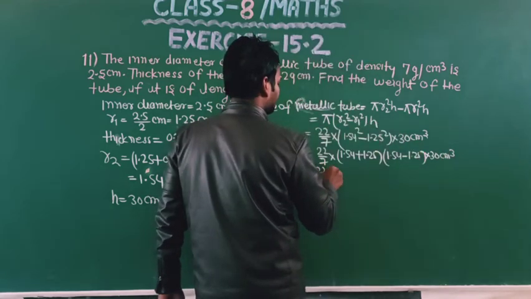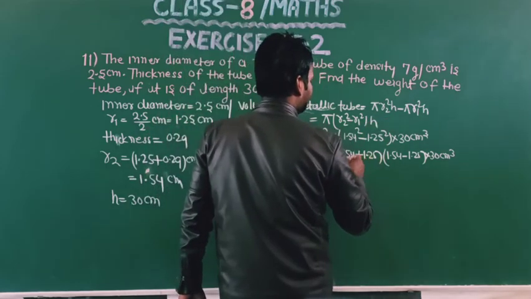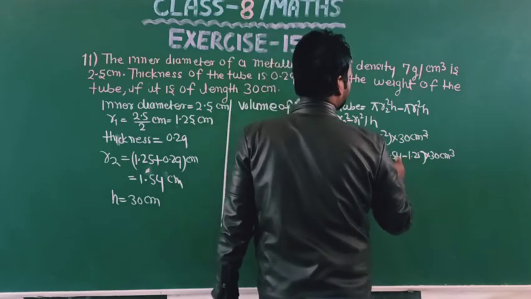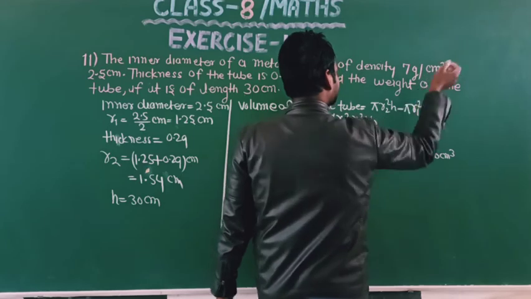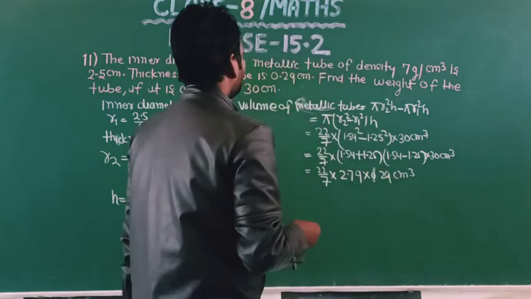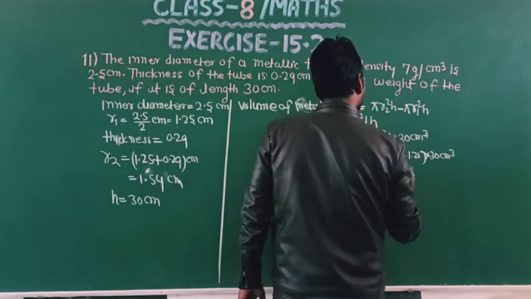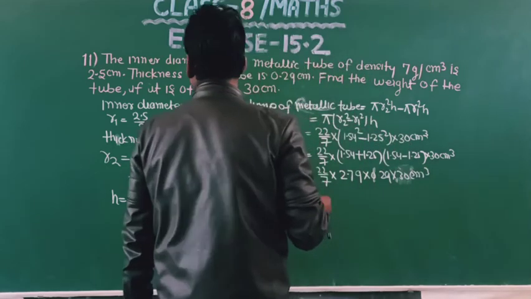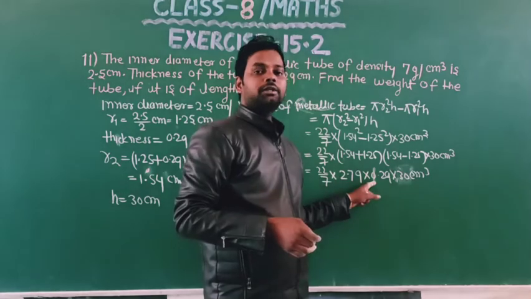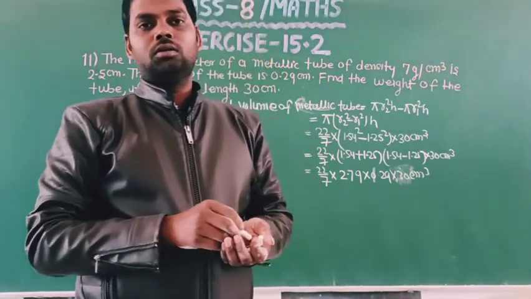So this is 22/7 into 1.54 plus 1.25, that gives us 2.79, into 0.29, into 30 centimeter cube.